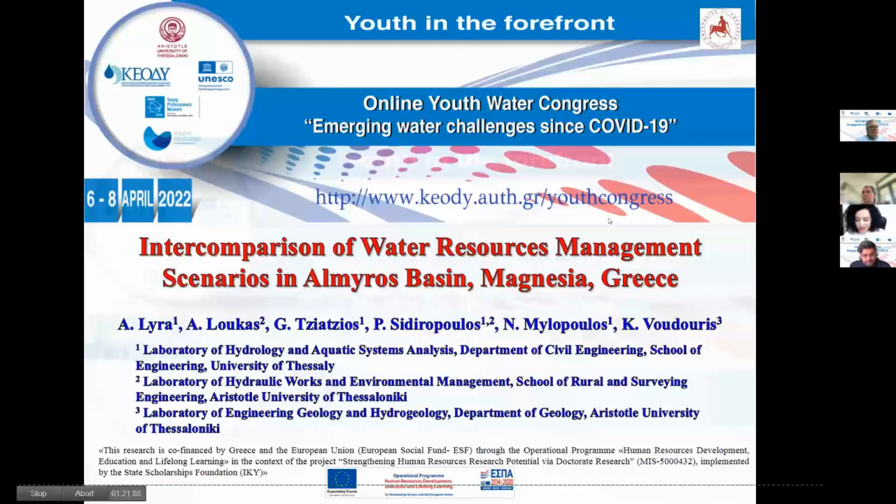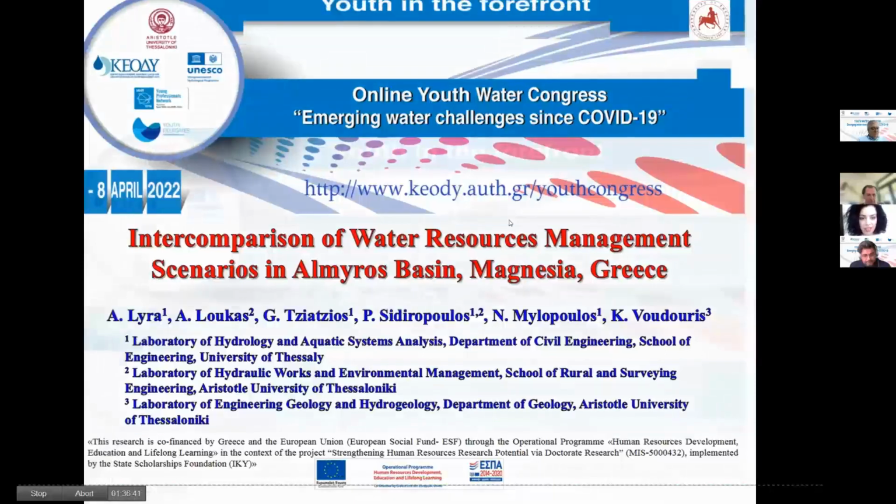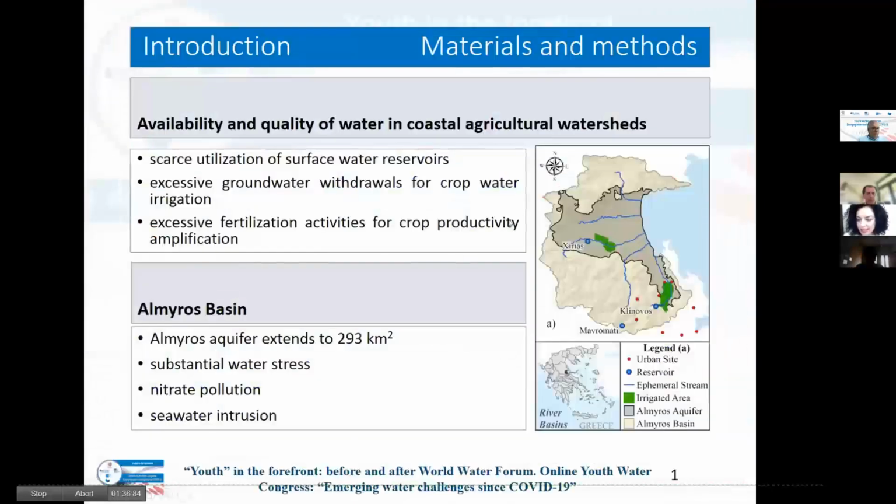Okay, so this is a study that presents the intercomparison of water resources management scenarios for the Almiros Basin in Magnesia, Greece. Almiros Basin is a coastal area in Thessaly, which has quantitative and qualitative problems.